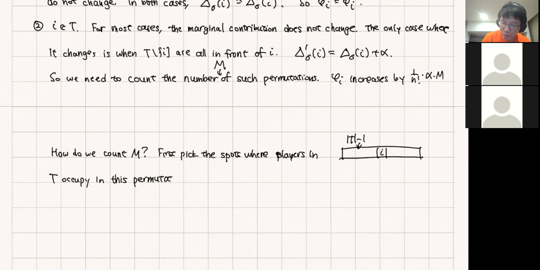So let's first pick the spots. Maybe it will go in here, here, here, here, for example. The number of ways to do that is n choose size of T. So n choose size of T ways.